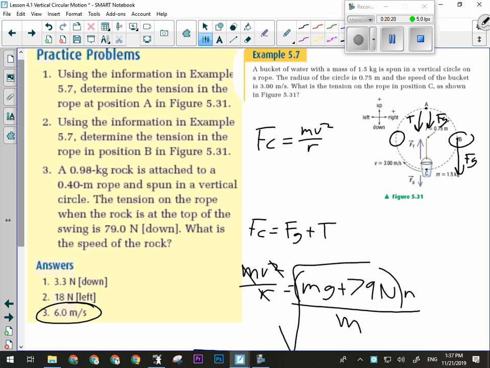And that equals, for this question, the tension in the rope. That's the only thing pulling the pail back into the center of the circle on either side, is just the rope. So we just go mv squared over r, which is why the answer there is 18. That was the answer we got for Fc for all of those questions.